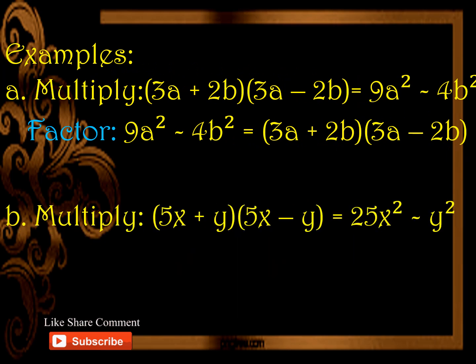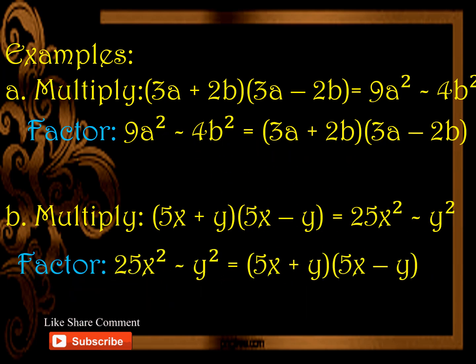So let's have another example. When we multiply quantity 5x plus y by quantity 5x minus y, we'll have 25x squared minus y squared. And if you want to get the factors of 25x squared minus y squared, we will get quantity 5x plus y times quantity 5x minus y.